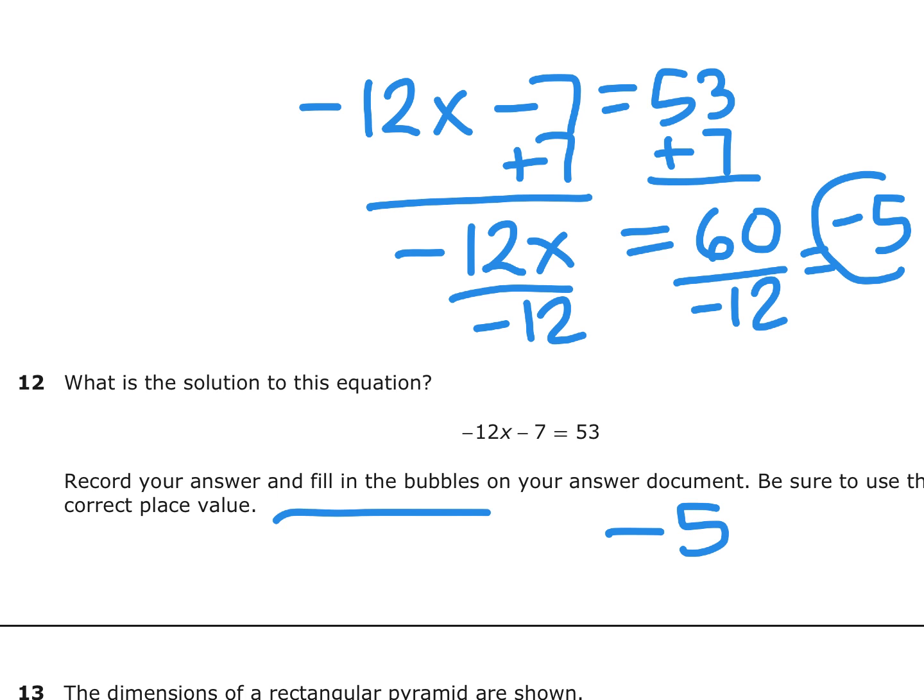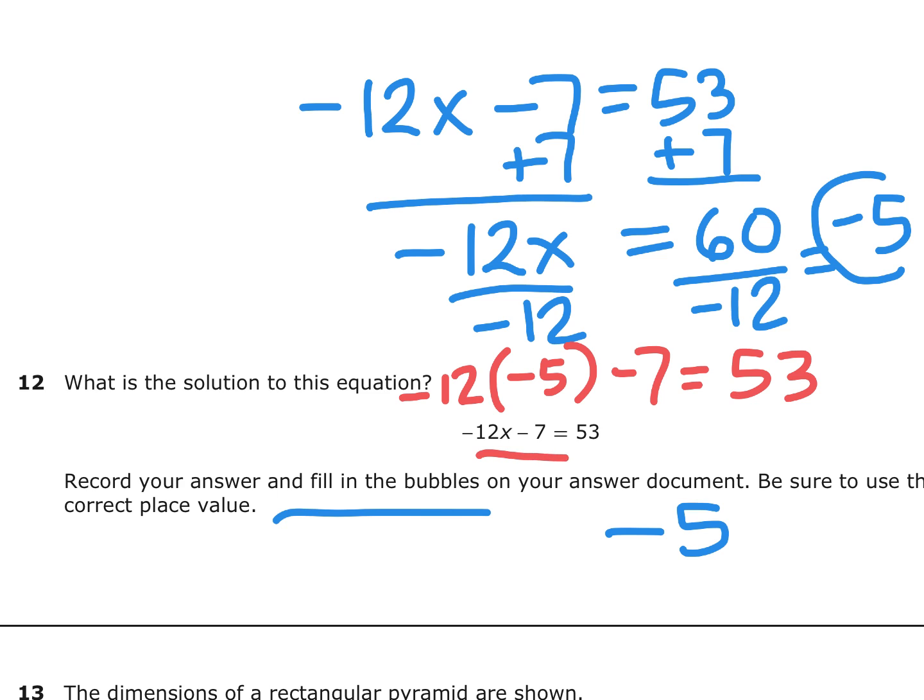Is there a way that we could check this? Yes, you could take the negative 5 and substitute for x into the original problem. So negative 12 times a negative 5, and then subtract 7 and see what that gives you. It should be 53. And so all we're doing is substituting back into x.